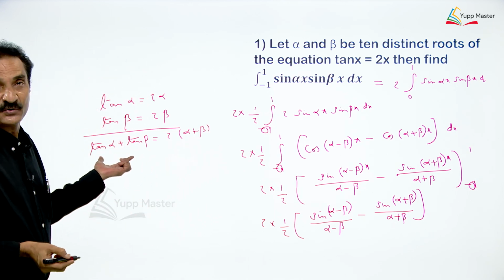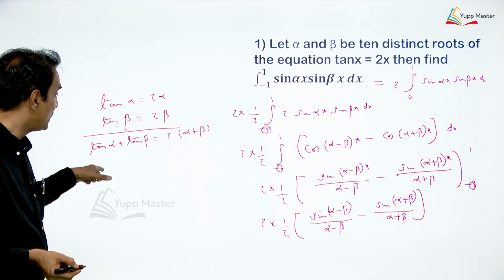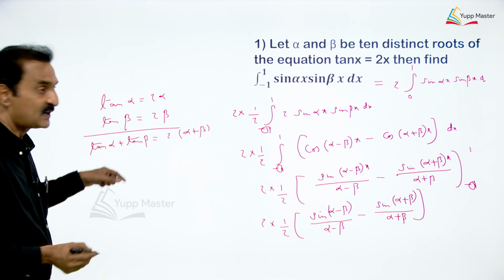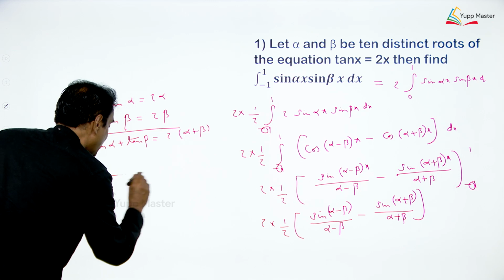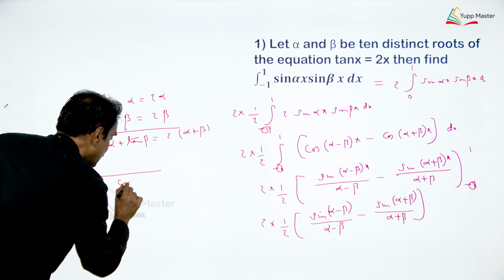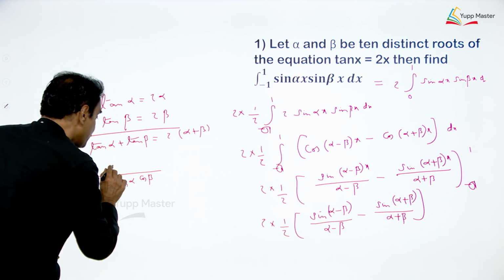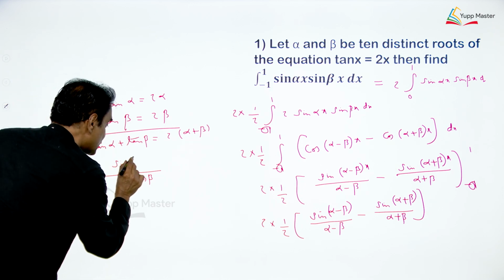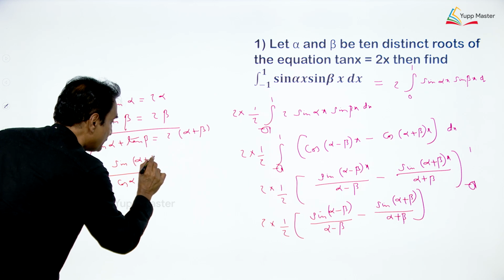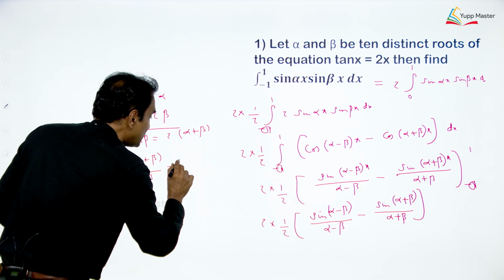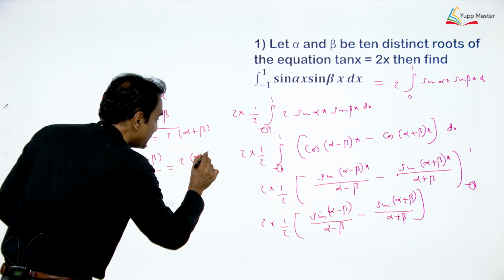Now, converting to sin and cos, sin alpha by cos alpha plus sin beta by cos beta, you will get cos alpha cos beta as LCM, and numerator will become sin of (alpha plus beta) is equal to 2 into (alpha plus beta).